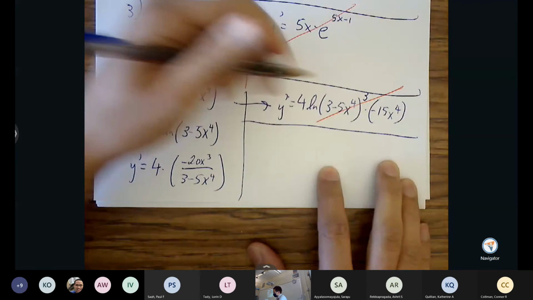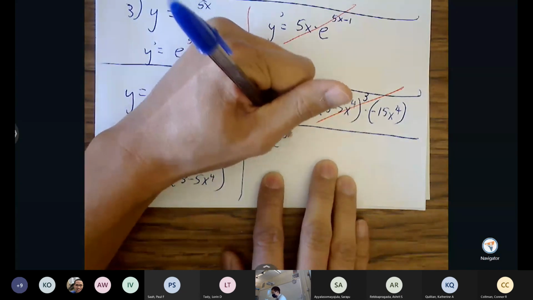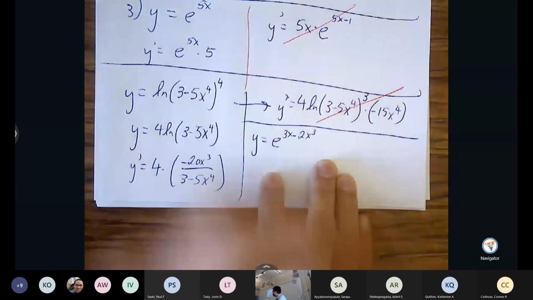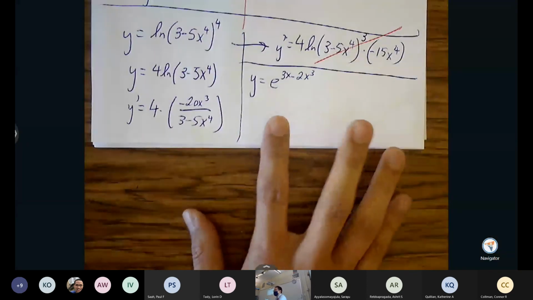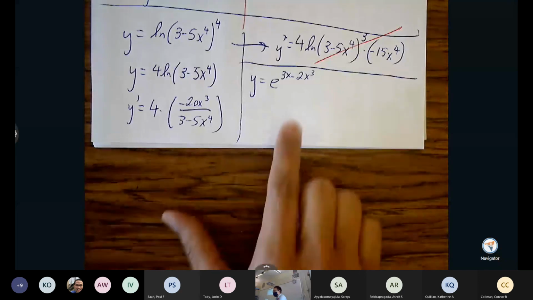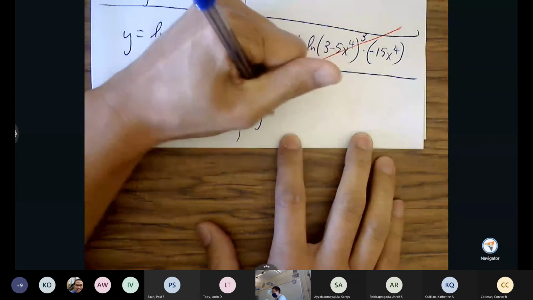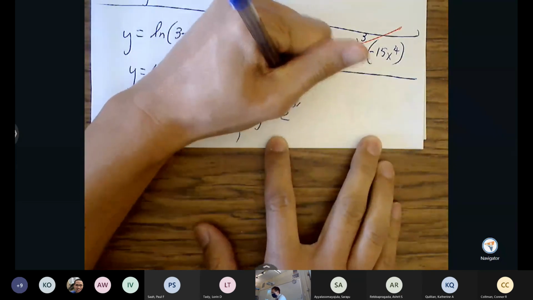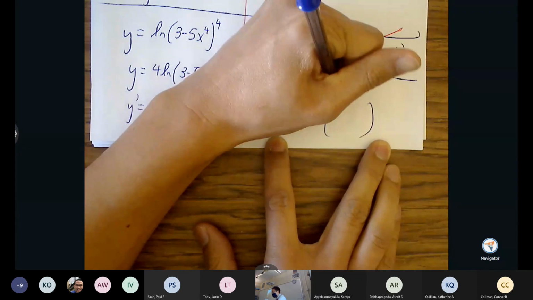And then one more. So the rule for e to the u is e to the u times u prime. But I see the knob where sometimes students either mix it up or they get confused between this and natural log rule, and they end up merging them together. And I see this, y prime is equal to e to the u times u prime over u.